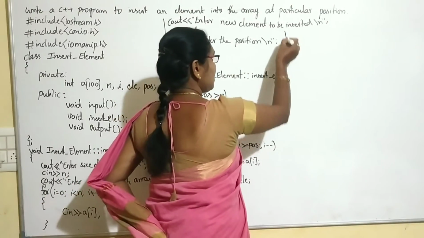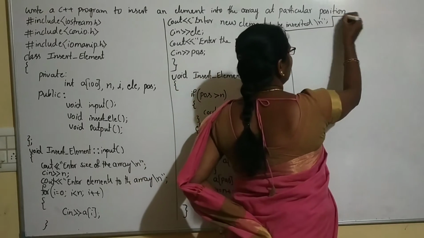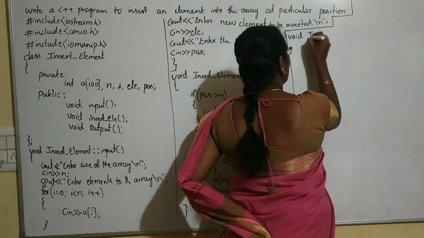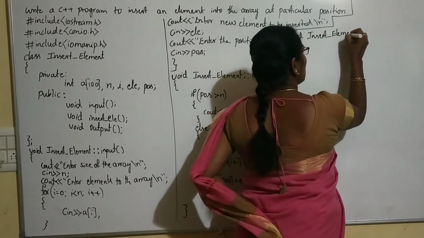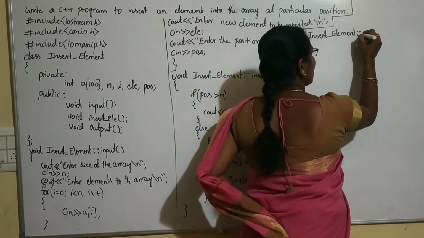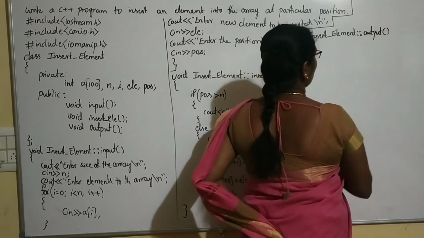Next, we want to display the output, right? For that purpose, we define the output function: void return data type, followed by the class name insert element, followed by the scope resolution operator, followed by the function name output.